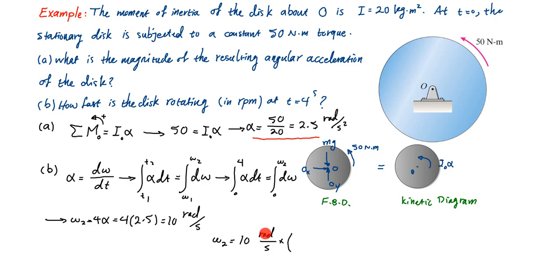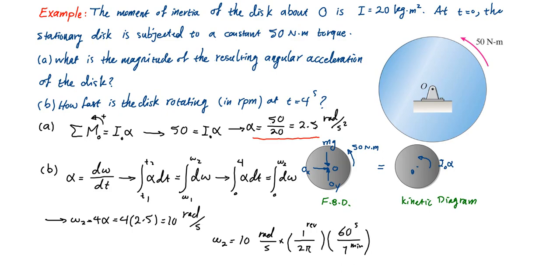So I know 1 revolution. How much is 1 revolution? 1 revolution is 2 pi. Right? Put it this way: 1 revolution is 2 pi. And then now I want to get rid of second because I want it to be revolution per minute. So I'm going to convert the second. 60 seconds is 1 minute.